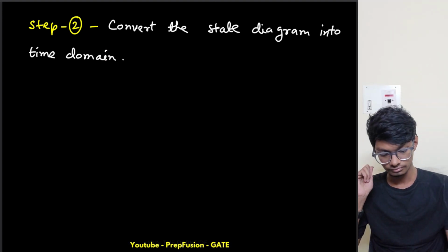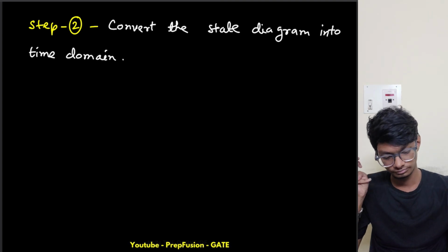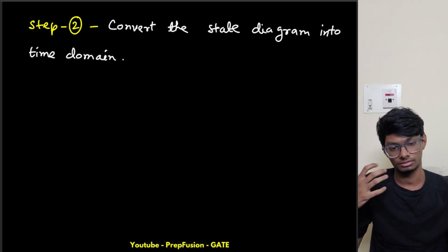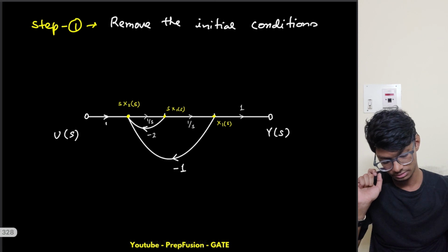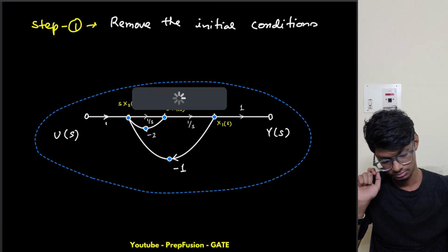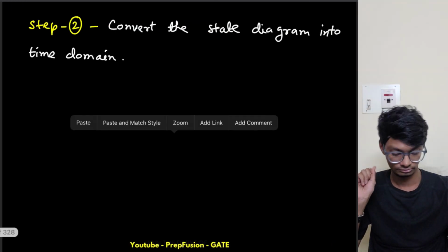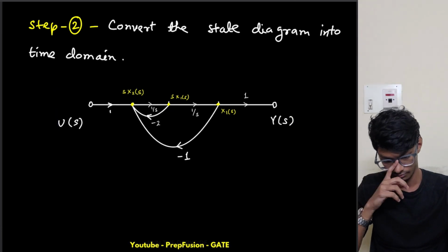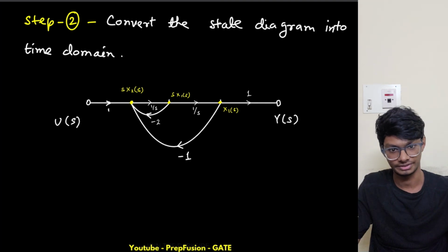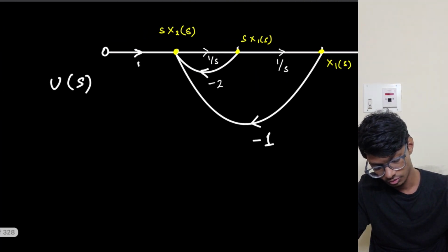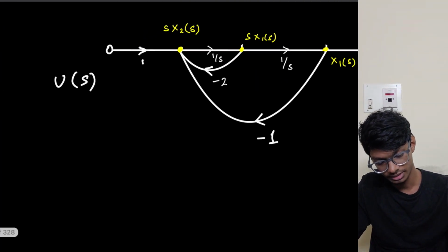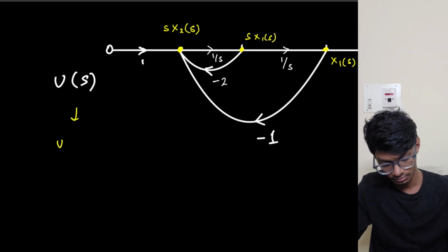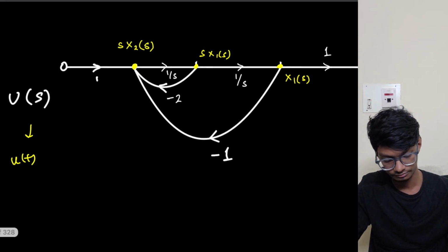Okay, so now I will copy this again, and what I will do is write the time domain expressions. So this U(s), what will it become? It will become u(t).